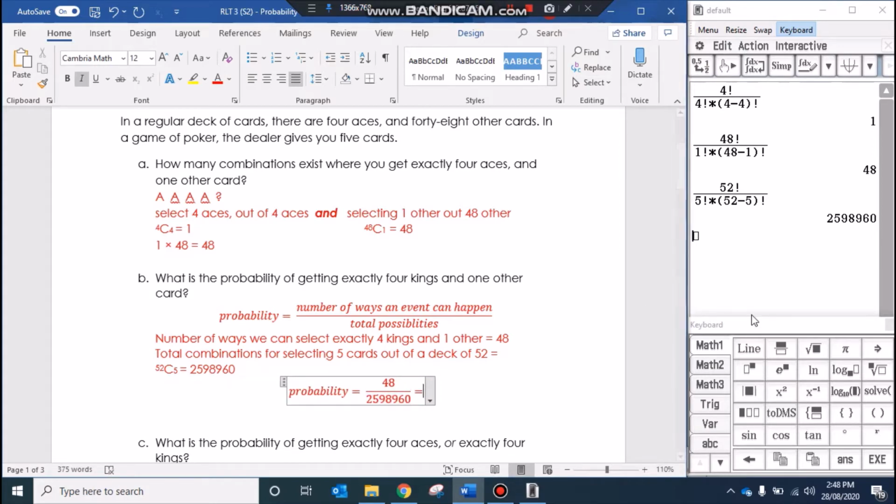Now maybe that simplifies to something. We'll have a look. It does. Did I type that incorrectly?